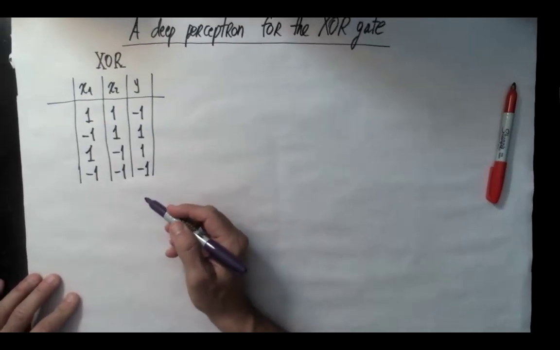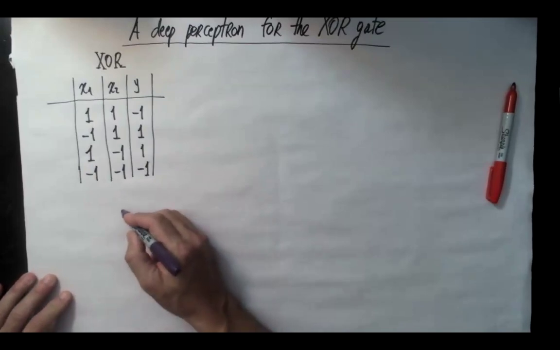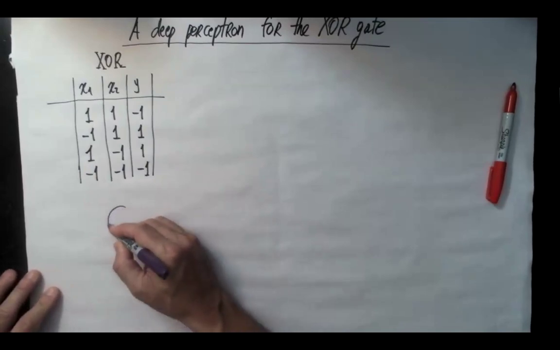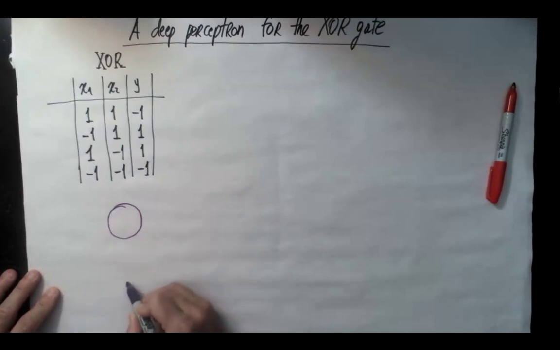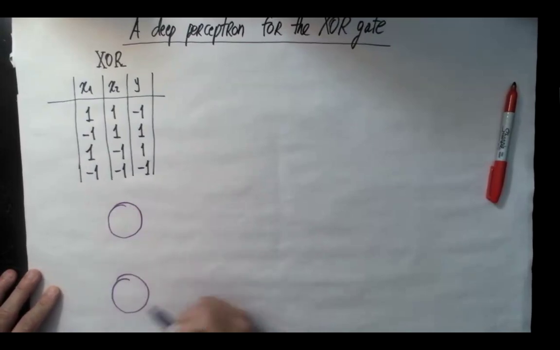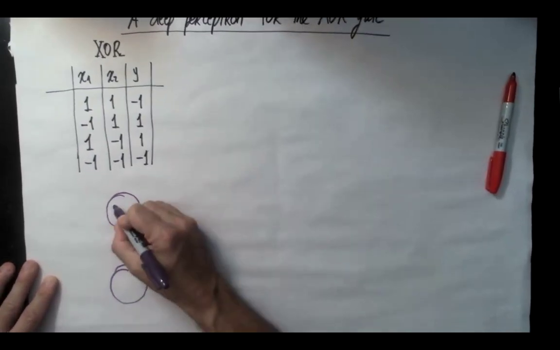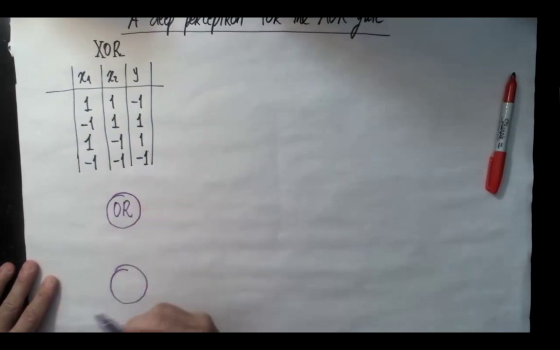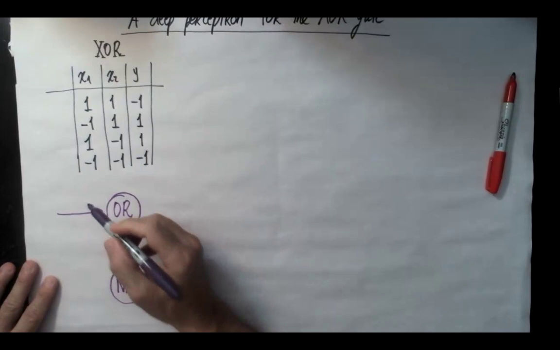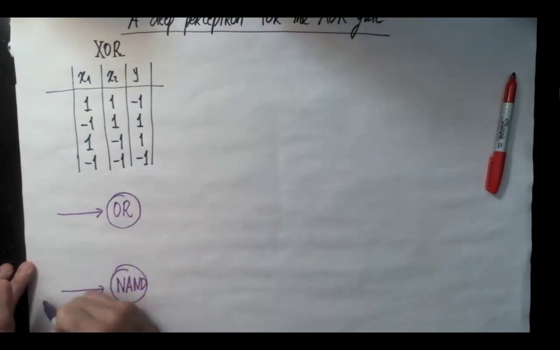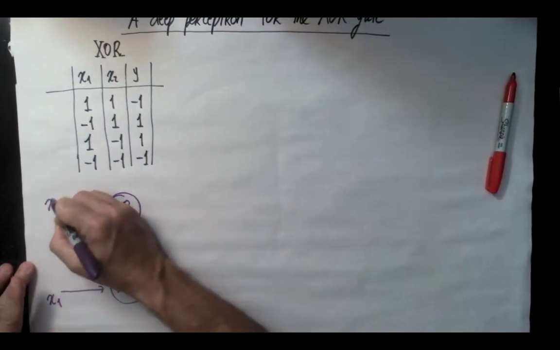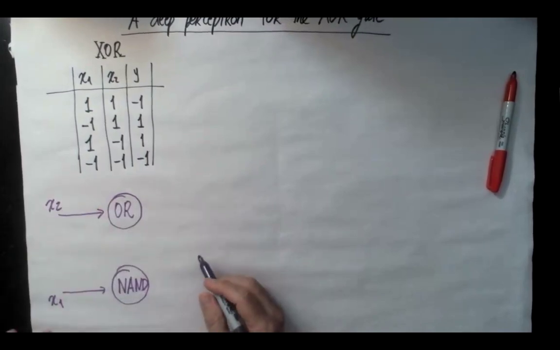In particular, let's consider this combination here, in which we have the OR gate and the not AND gate, and they receive both the binary inputs x1 and x2.